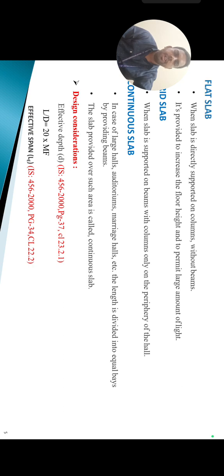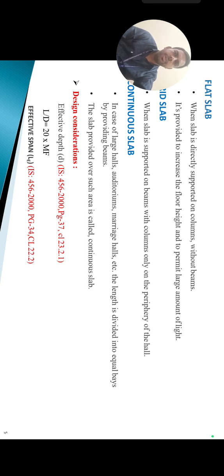And what is a flat slab? A flat slab is a slab directly supported on columns without beams. Normally the slab depends upon beams, but in a flat slab, without introducing beams, the slab totally rests on columns. This type of slab is called a flat slab.